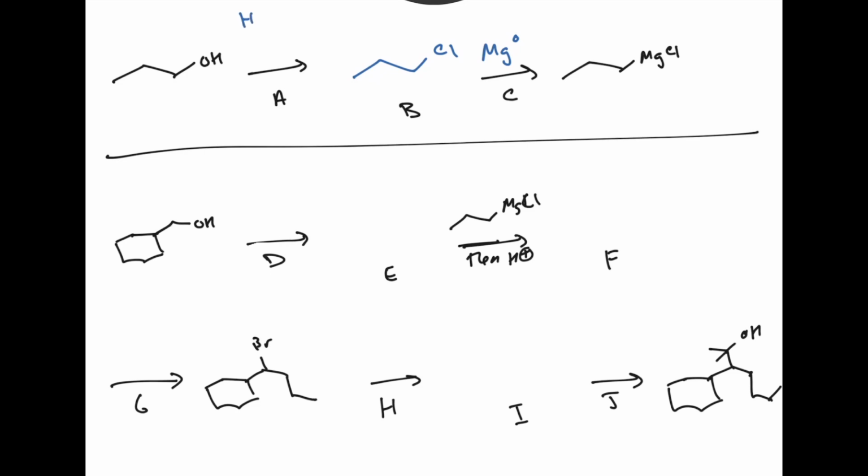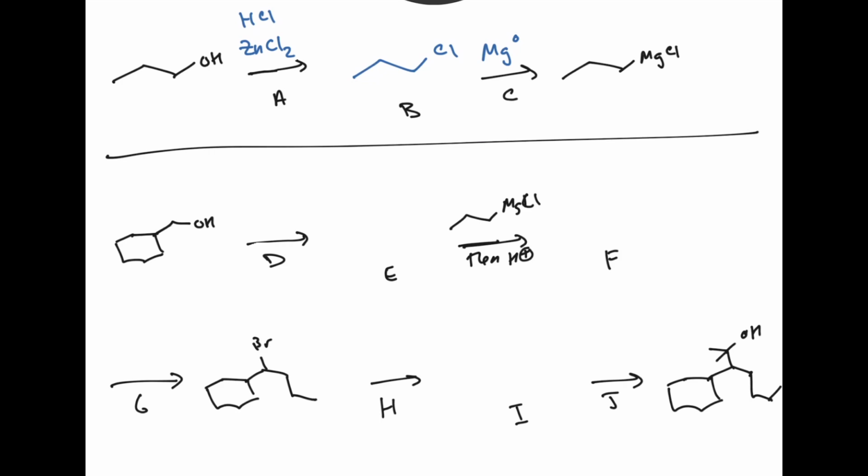HCl and zinc chloride. Right, for a primary alcohol, remember, if you add just HCl, that's not good enough. You have to add the zinc chloride to make it go.